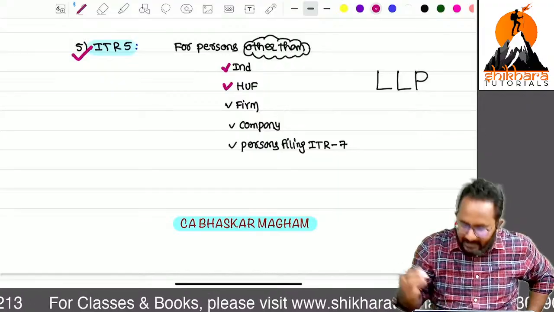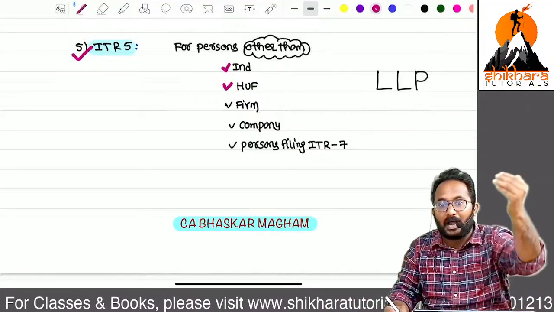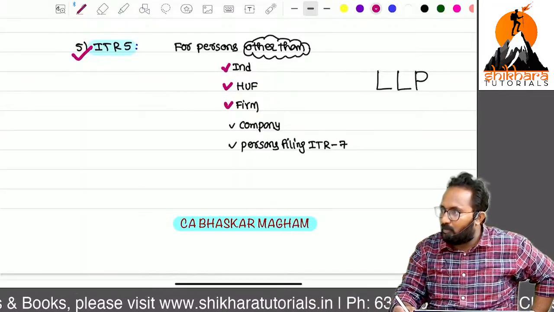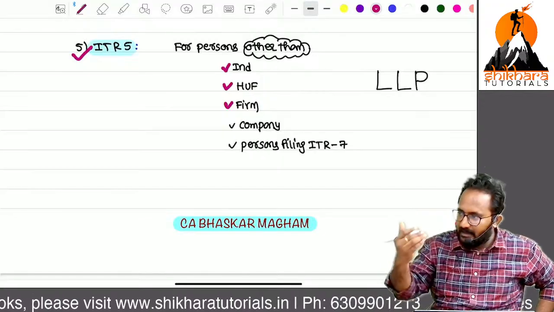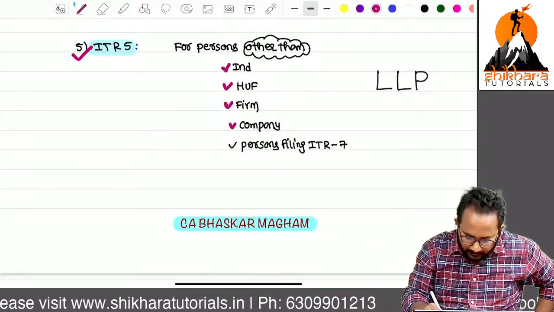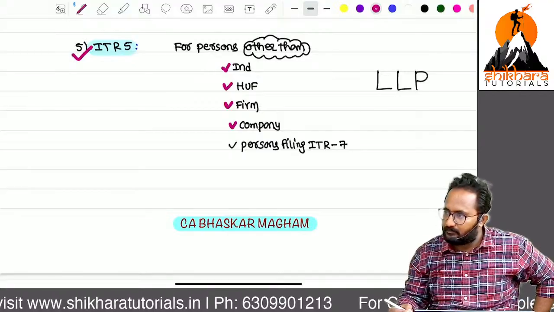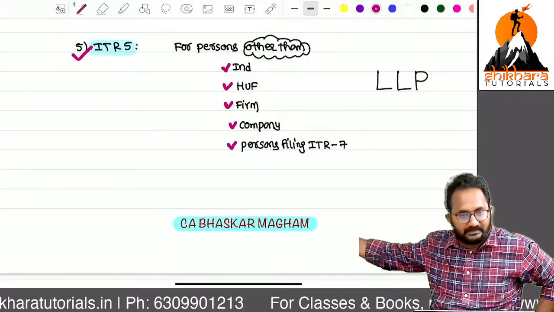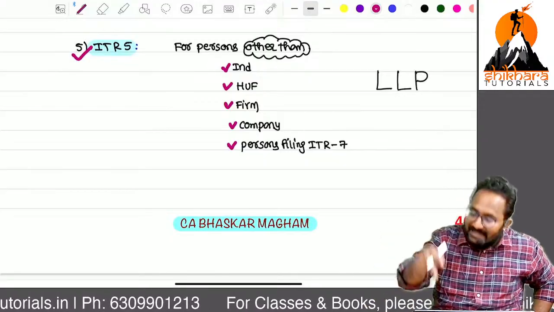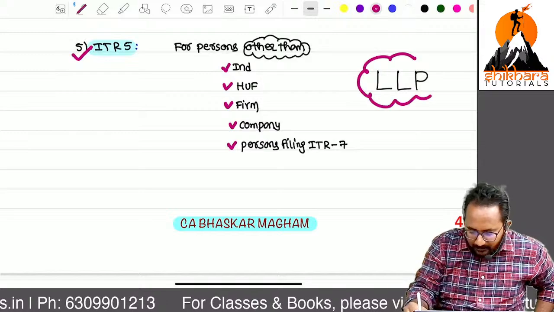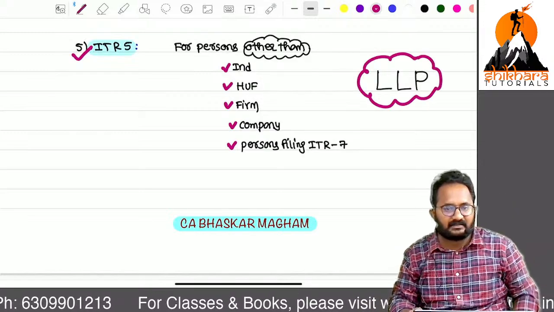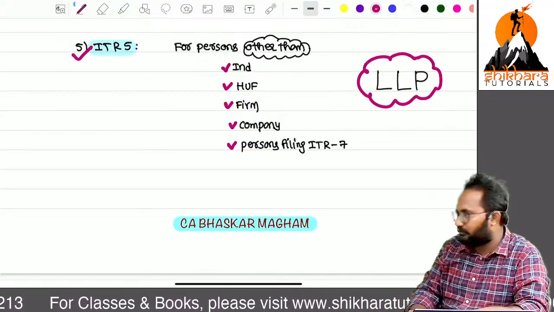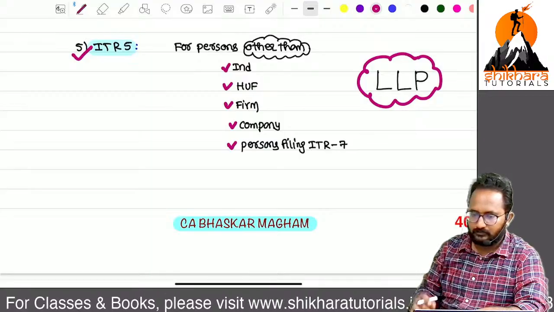HUF has ITR 2 to ITR 4. Firm has ITR 2, ITR 3, ITR 4. Company files ITR 6. Charitable trust files ITR 7. For your remembrance, LLP can always file its return with ITR 5.